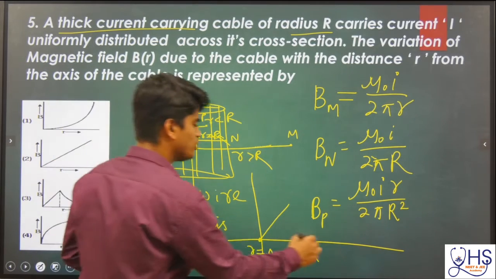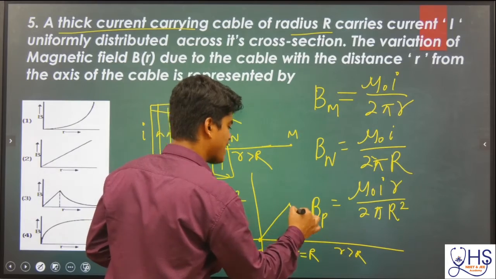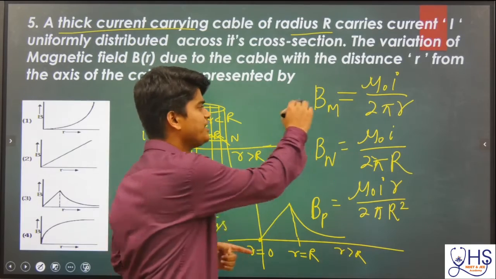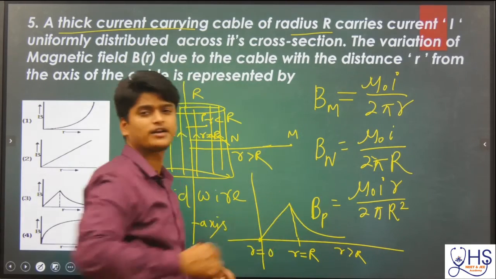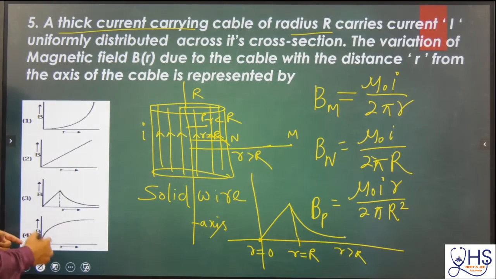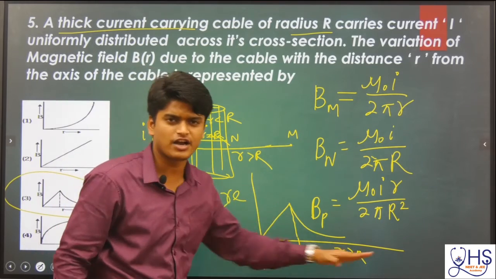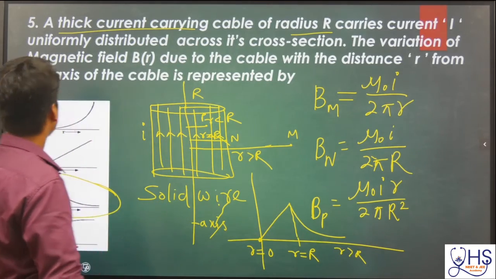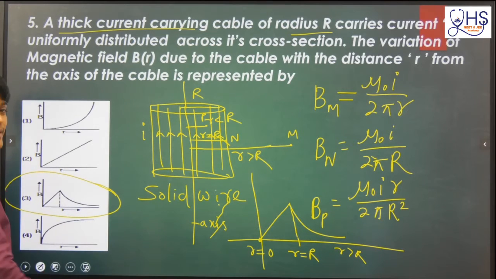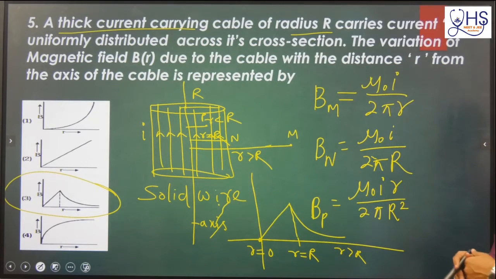After this comes the outside point, which is r greater than R. After this the graph will come like this, inversely proportional, because for the outside point B is inversely proportional to r, so a rectangular hyperbola comes. So we will check these graphs, and option 3 matches correctly: a straight line, then a rectangular hyperbola. Okay, now let's come to question number 6. I hope everybody understands. It is a simple thing: if you remember the formulas, then you can easily solve this.